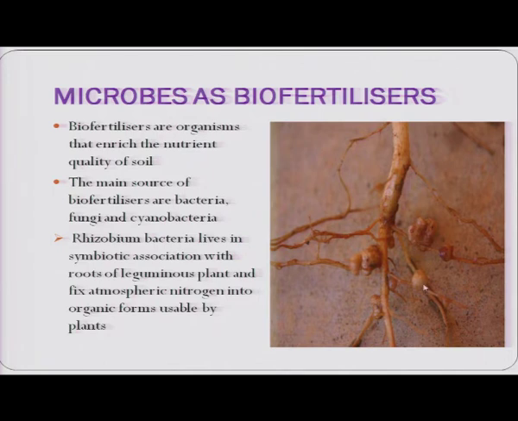These root nodules are actually the site of these rhizobium bacteria, which symbiotically lives with this plant and helps in fixing atmospheric nitrogen into usable form so that the roots of the plant can absorb it. So, this is again a natural mechanism occurring in nature, and these rhizobium bacteria in association with the leguminous plant can be used by our farmers in a manner like crop rotation to enhance the content of nitrogen in the soil.